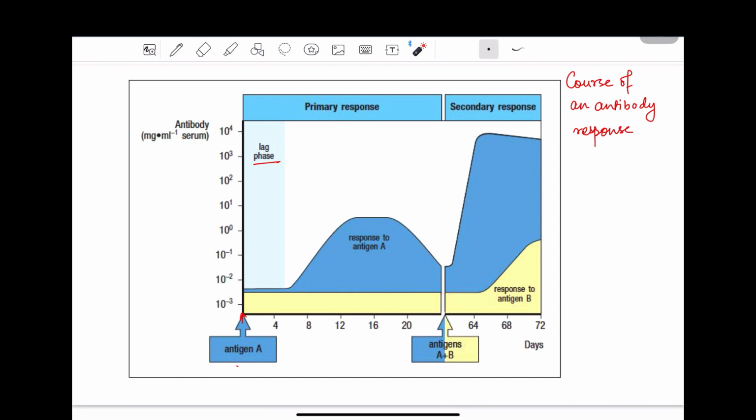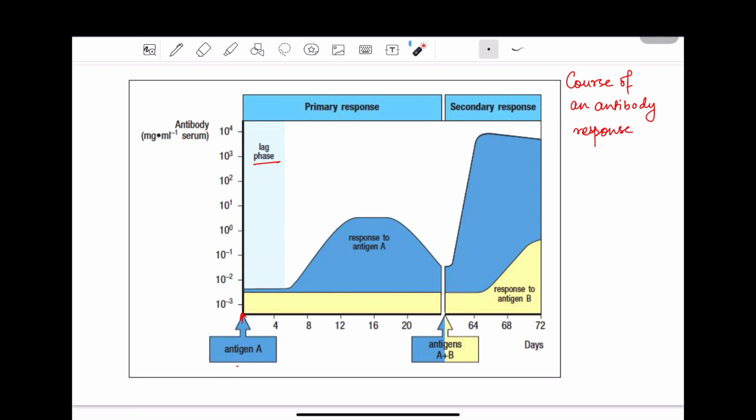So here in the y-axis we can see the antibody level, and here in the x-axis there are number of days. So we can see approximately after 4 or 5 days, the adaptive immune response begins, and approximately when it reaches 12 to 15 days, 13, 14 days, then it reaches a plateau.